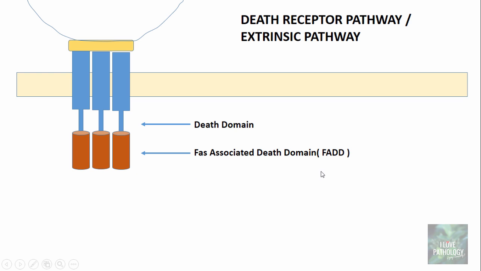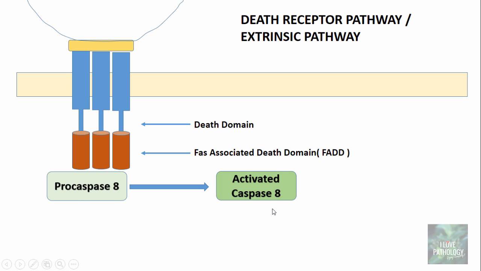The basic function of FADD is activation of procaspase number 8. We need to know that caspase 8, or procaspase 8, is an initiator caspase. So FADD activates procaspase 8, which is then converted to activated caspase 8.